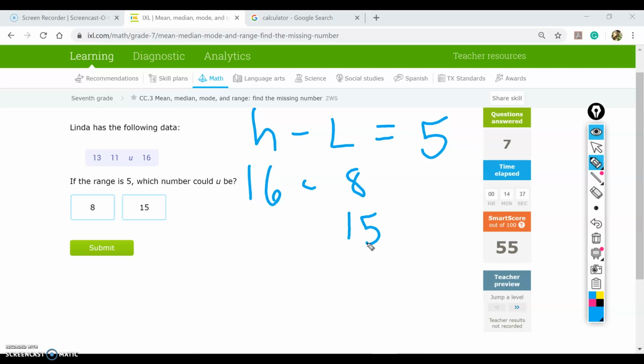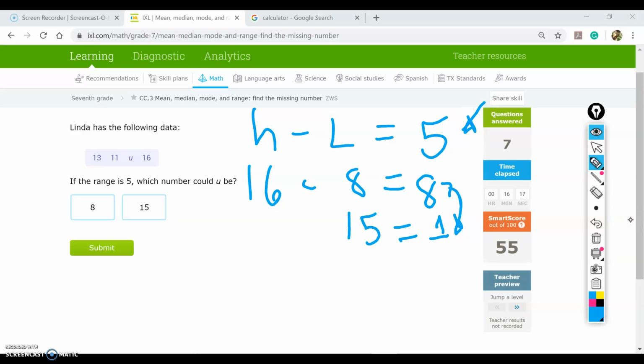So in this case, I need to think about what number can make this true. I have a problem here. Why? Because if I subtract 16 minus 8, that's going to give me 8. And if I subtract 16 minus 15, that's going to give me 1. And neither of these 2 numbers is equal to 5.